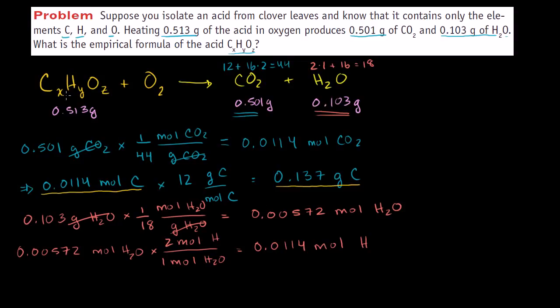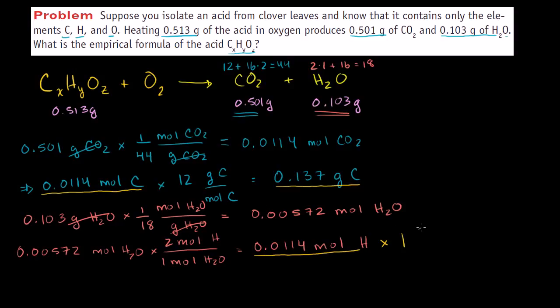So far, we've figured out the number of moles of carbon in our product, and the mass that must have been in the original reactant, the mystery reactant. And we've done the moles for the hydrogen. We have this many moles of hydrogen. So we must have started off with that many moles over here. Let's figure out the mass of that. We want to figure out this in grams. So times the molar mass of hydrogen, it is 1 gram per mole. So hydrogen is easy.